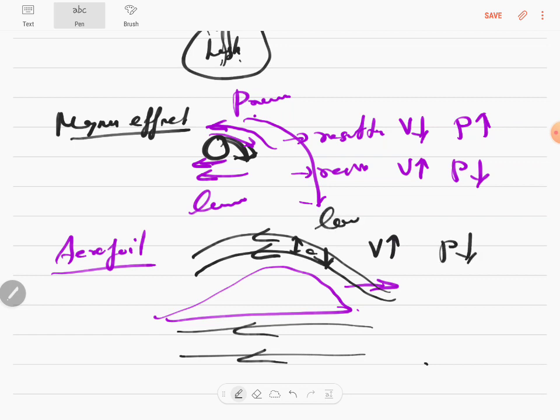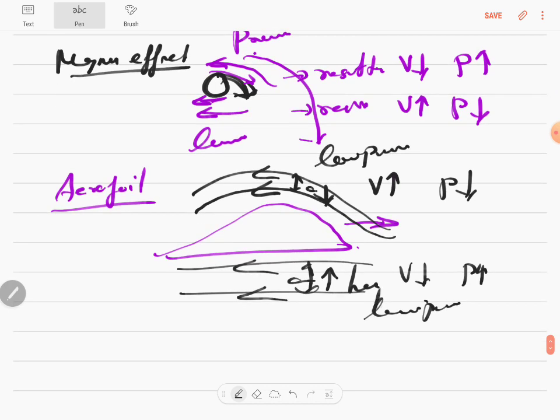Thereby there is a low pressure on the top, and there's a high pressure at the bottom, because here the area is more, velocity is less and the pressure is more. Air moves from high pressure to low pressure area, thereby pushing the wing up. The designing of the wings is known as aerofoil, and these are all based on Bernoulli's application.